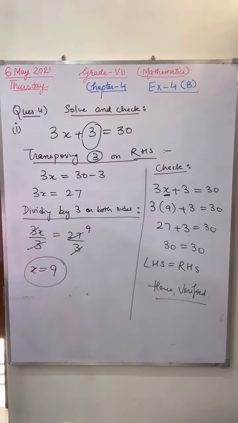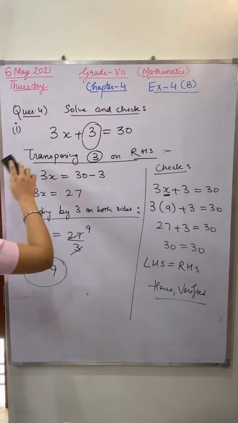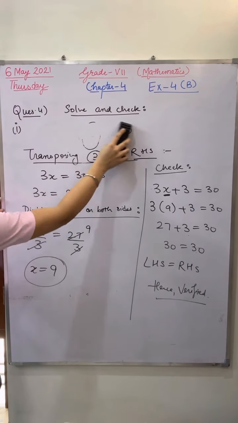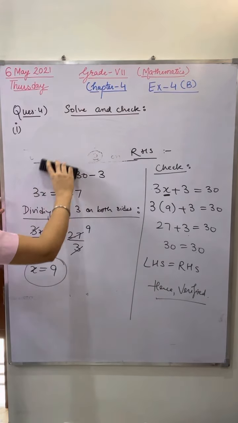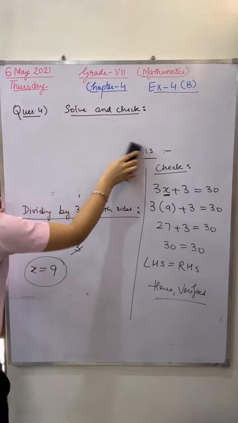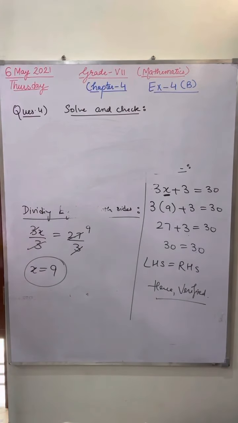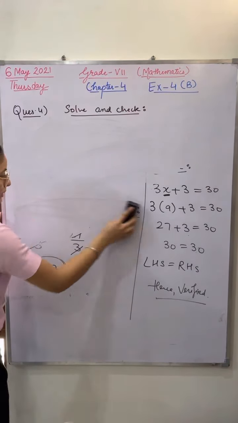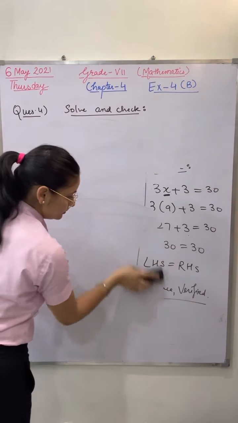Okay. Now let's start with the next question. Next part, that is, I'm writing the statement here, then I'll ask you which step we have to implement in the question. Okay?